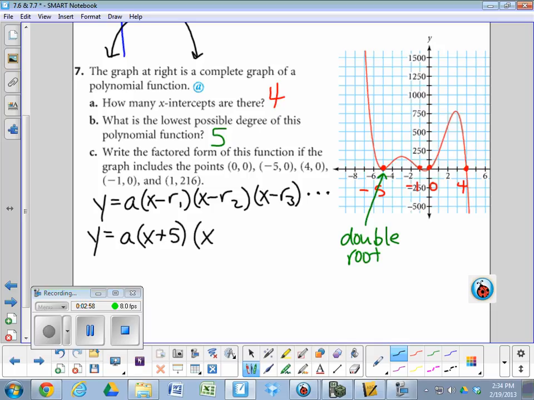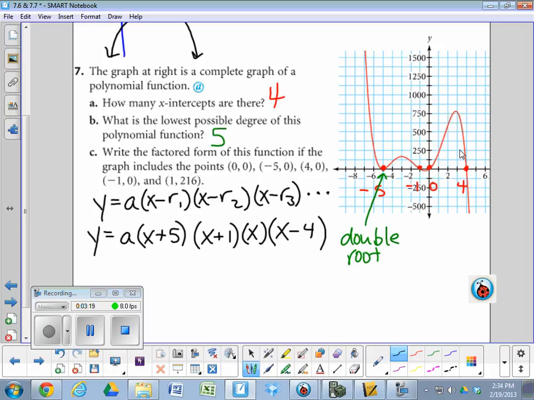Times x minus -1, which is x plus 1. Then you're going to have x minus 0, which is really just x. And then x minus 4 represents the 4th x-intercept, minus 4 because it's at +4.